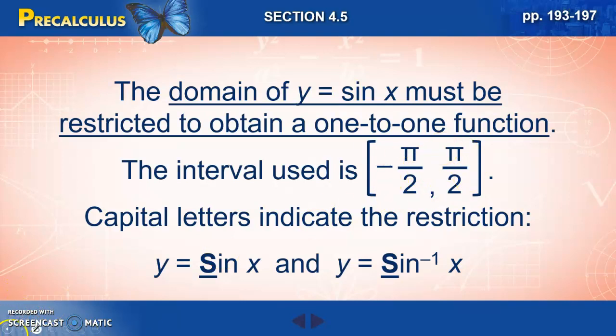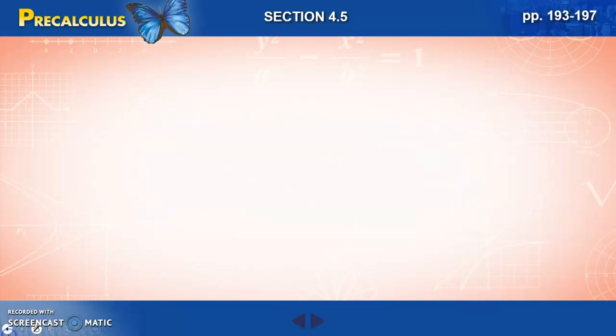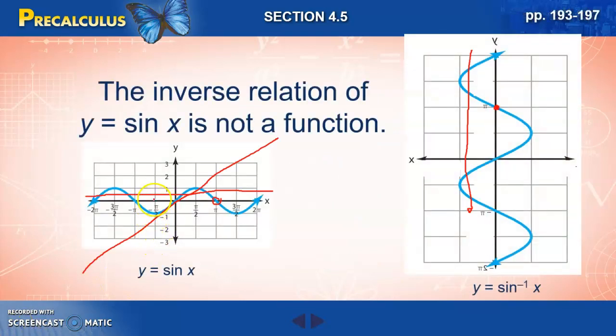Let's go back and look at our graph here of the -pi/2, pi/2 interval. So -pi/2 is right here, and we're restricting it to pi/2. So when we're dealing with sine and the inverse trig functions, we're dealing with this restricted domain, and that is what that is going to look like. We're dealing with just that restricted part.